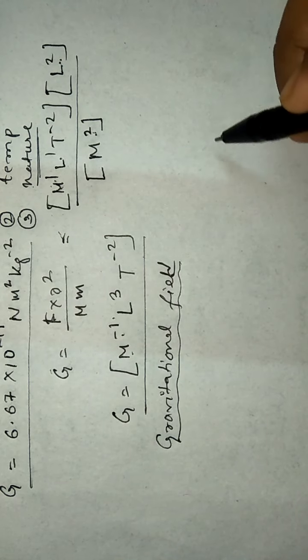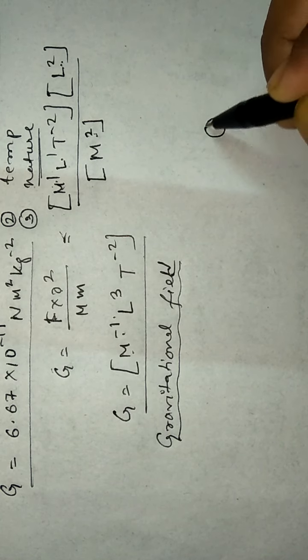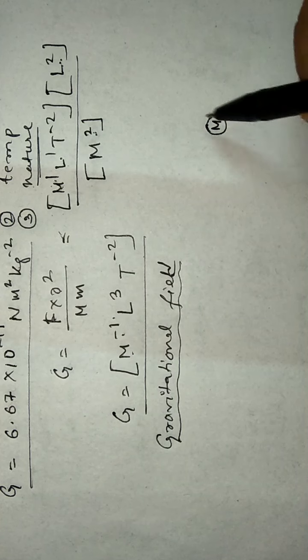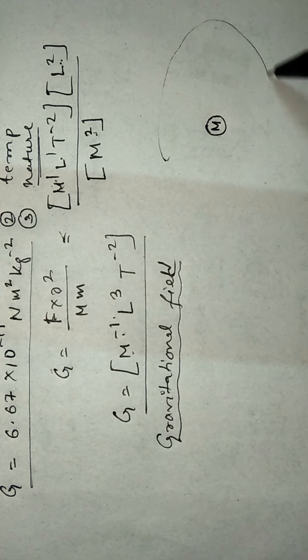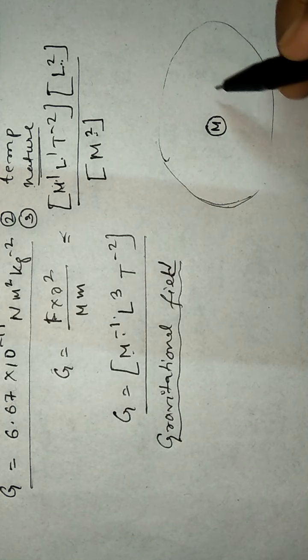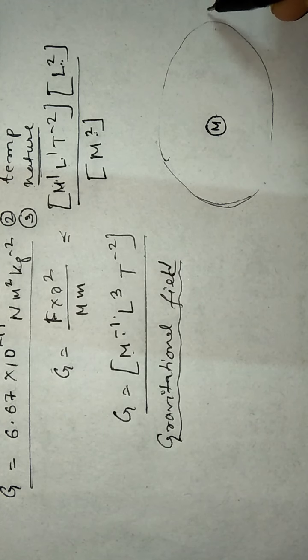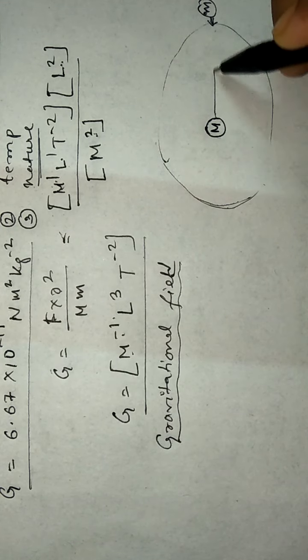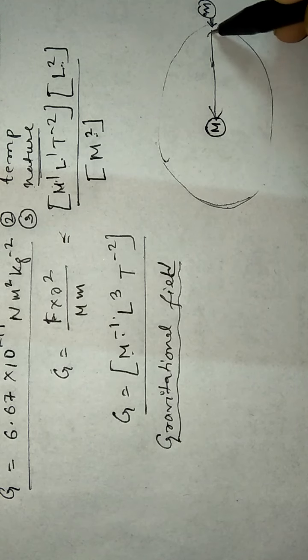That means suppose this is a body here, a body having a mass m. Now this body has a field all around it. If you bring another body of say mass m, once it enters this field, immediately there will be a force of attraction between them.